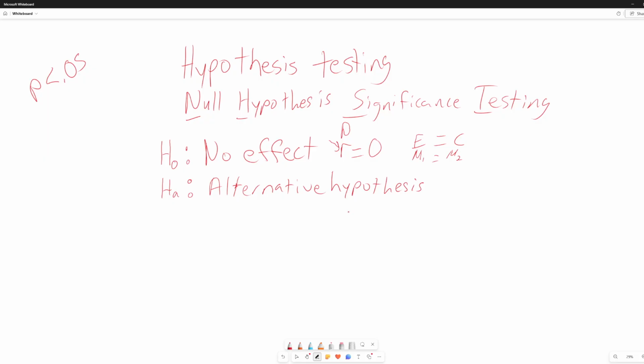Now, the alternative hypothesis, the way that we would write this, is that r is not equal to 0, and you could also write that the experimental group is not equal to the control group. You could do it that way. This is for correlational research, and this is for experimental.